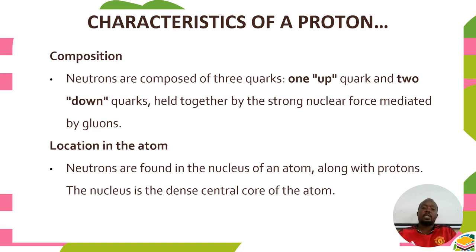Then, in terms of location in the atom, neutrons are found in the nucleus of an atom. Along with protons, the nucleus is the dense central core of the atom. Which other subatomic particle is found in the nucleus of an atom?